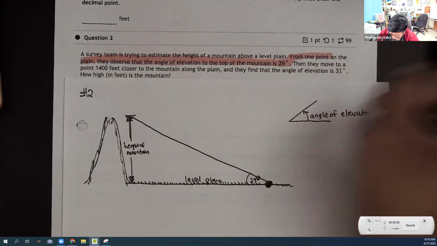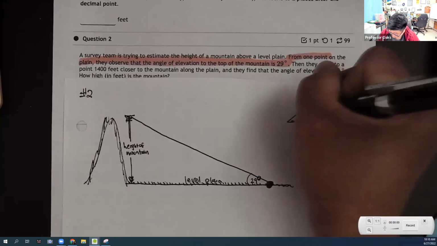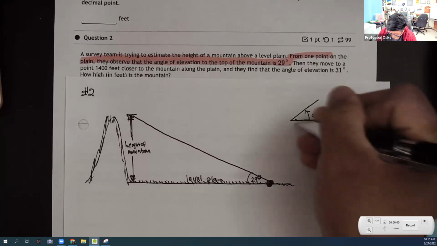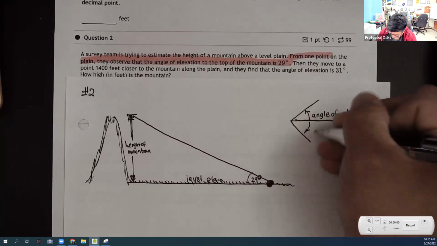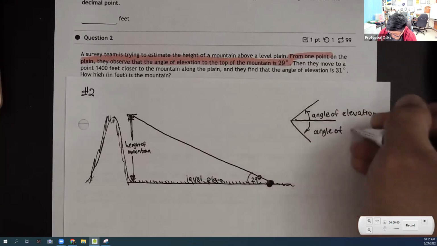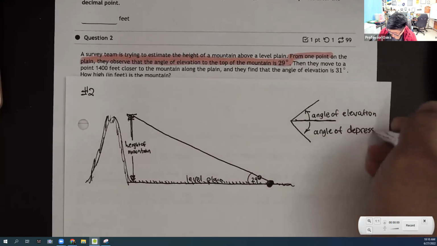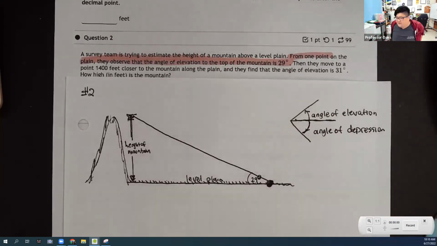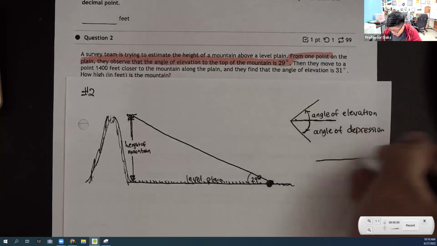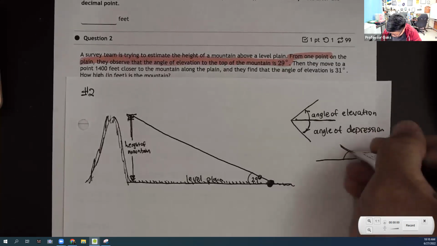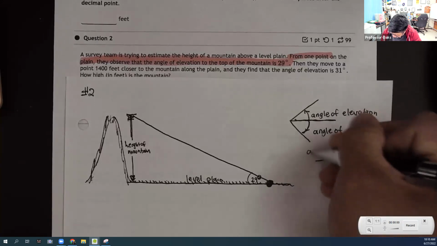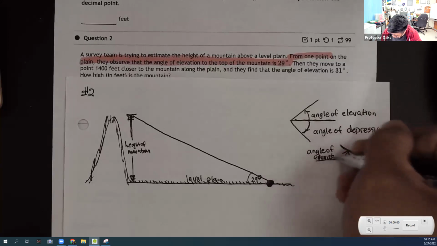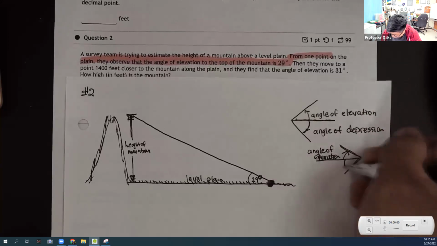But if it is going down, then they usually call it an angle of depression, because you're pressing it down.